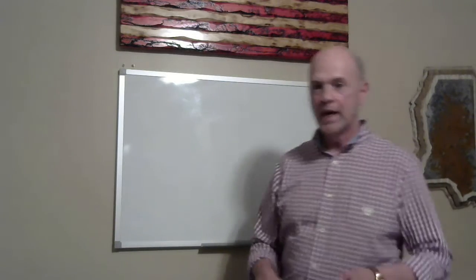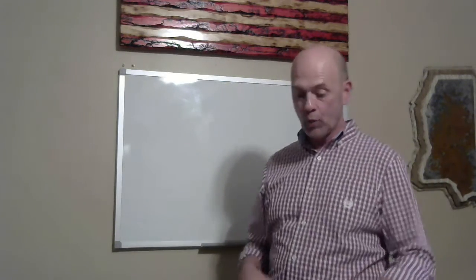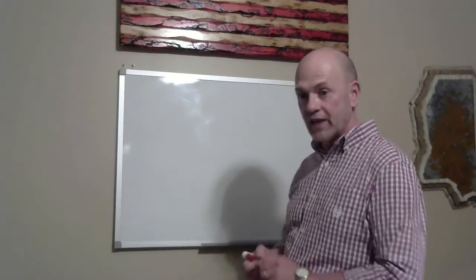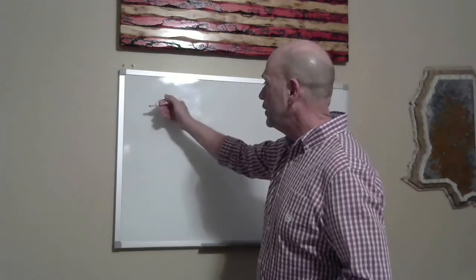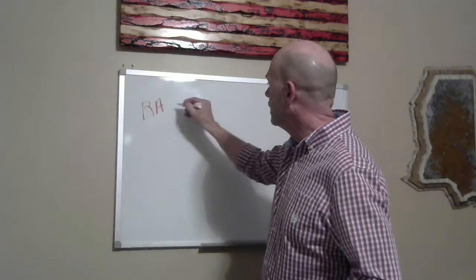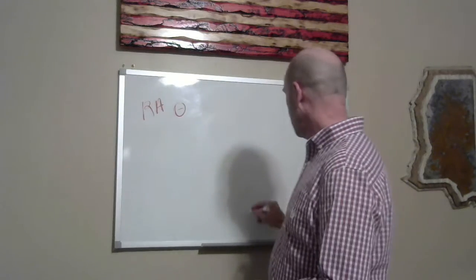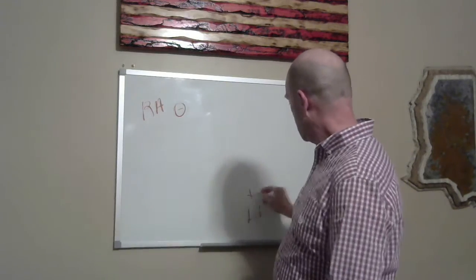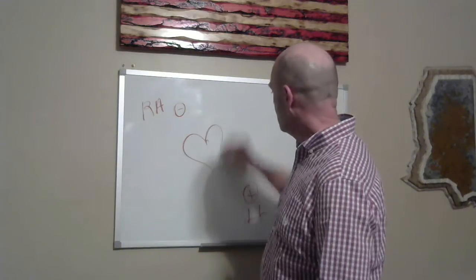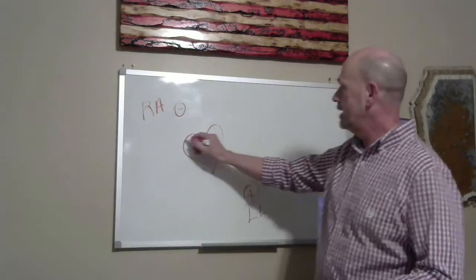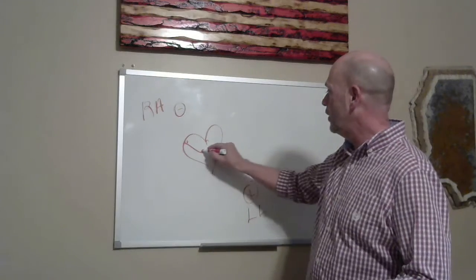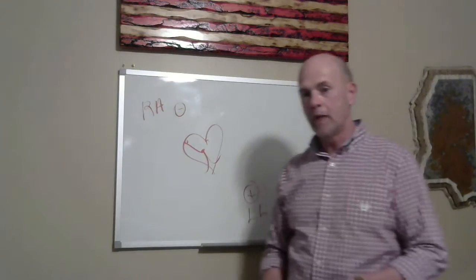So Einthoven's triangle, lead 2, we're looking across the face of the heart. We're going to use the right arm lead and the left leg lead, and there's a heart in the middle. There's an SA node, an AV node, a bundle of His, a left and right bundle branch.